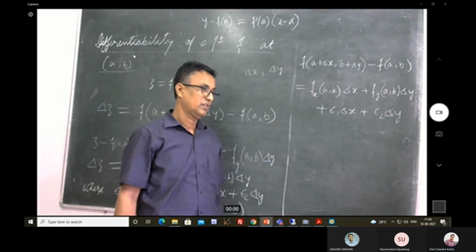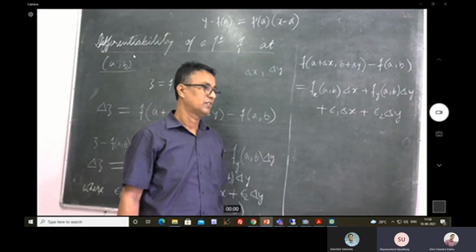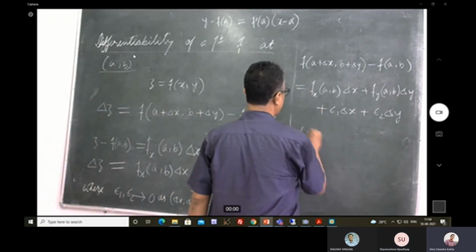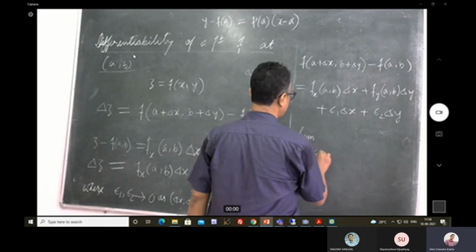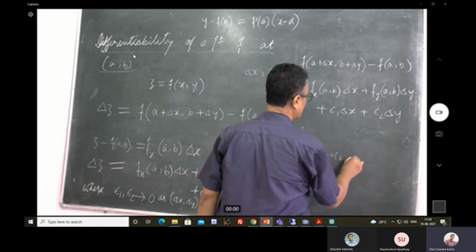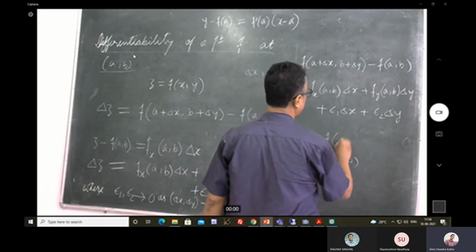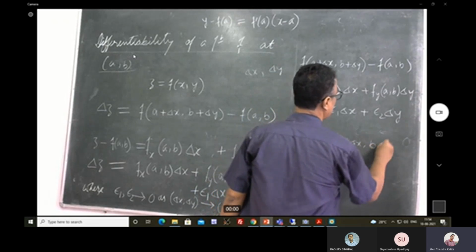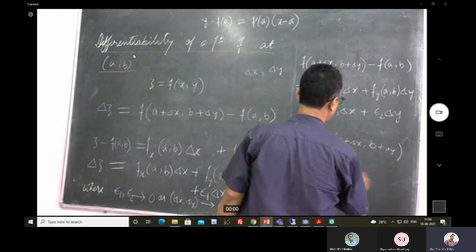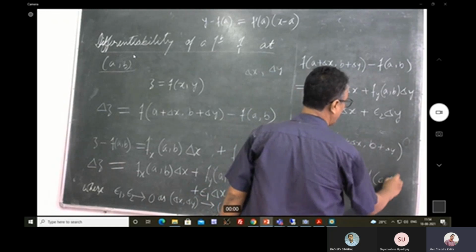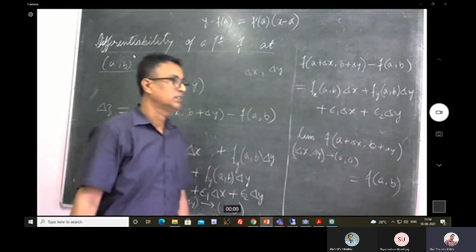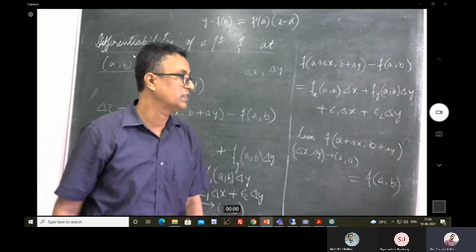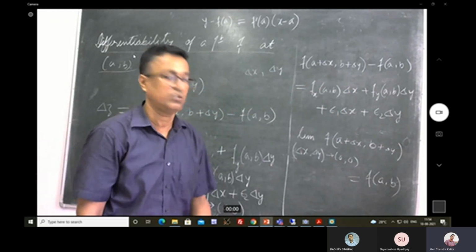So if I take the limit as delta x, delta y tend to (0, 0) of f(a plus delta x, b plus delta y), that is going to simply give me f of (a, b). So that means if a function is differentiable, then it must be continuous.